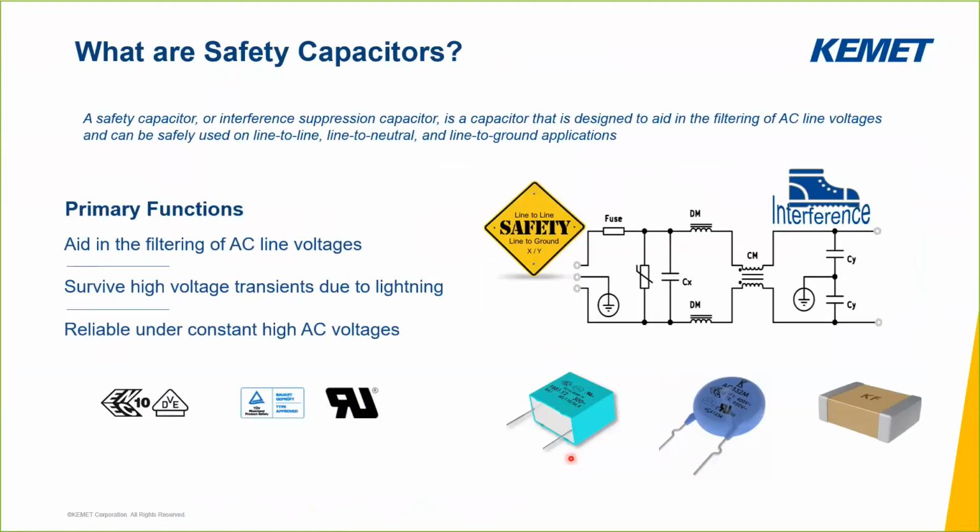Even though many people call them safety capacitors, it's also acceptable and probably more accurate to call them interference suppression capacitors because they suppress interference, or suppress that EMI. Another key feature is that these capacitors are qualified and certified to internationally recognized standards.